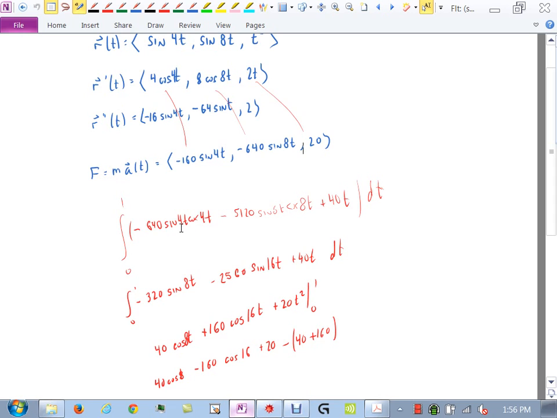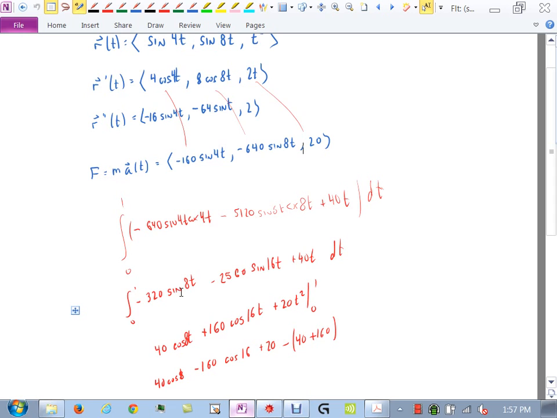And then when you do this, do y'all remember the double angle formula for sine? 2 sine u cosine u equals sine 2u. So all I did here is I converted sine 4t cosine 4t into sine 8t.